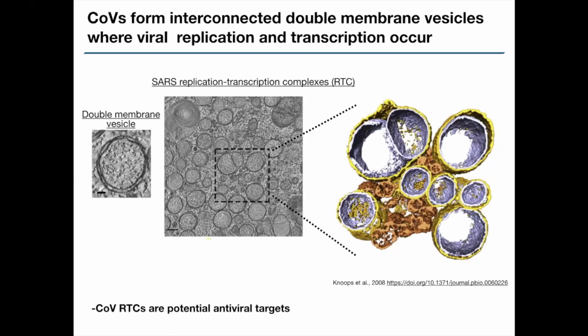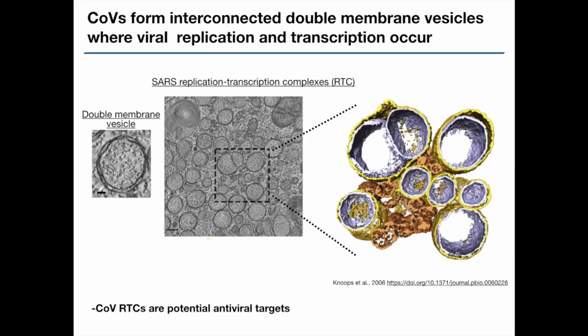And a more zoomed out image of that is shown in the center, where you can see that the cell now contains many of these double membrane vesicles. And on the far right, what you're seeing is a 3D surface rendering from a cryo-electron tomograph of these, where you can see that in purple shows the inside of these membranes, and many of them are actually interconnected in that the outer membrane sort of encapsulates multiple of these vesicles at once.